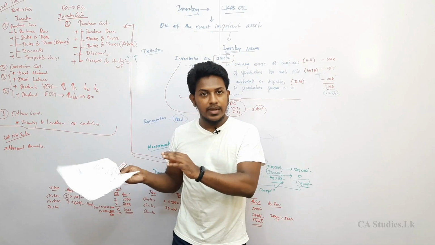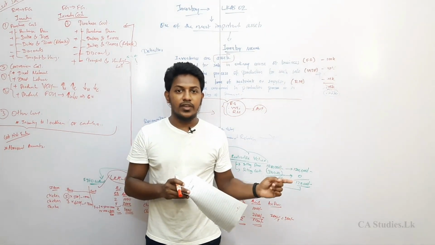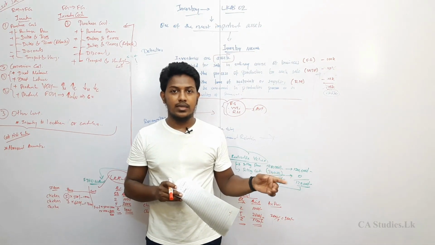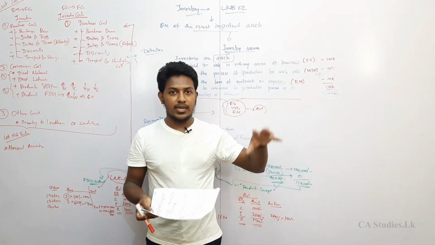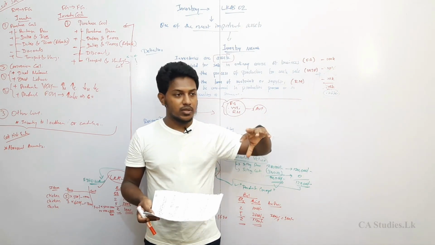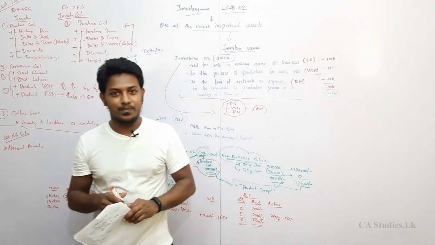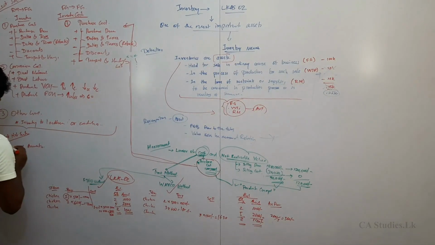So that 200 breads are not attributed that 10 kilograms of wheat flour. That flour is damaged. The damaged flour will be disposed of from the business. So that cost cannot be included in the 200 breads. That is called abnormal amounts, right?